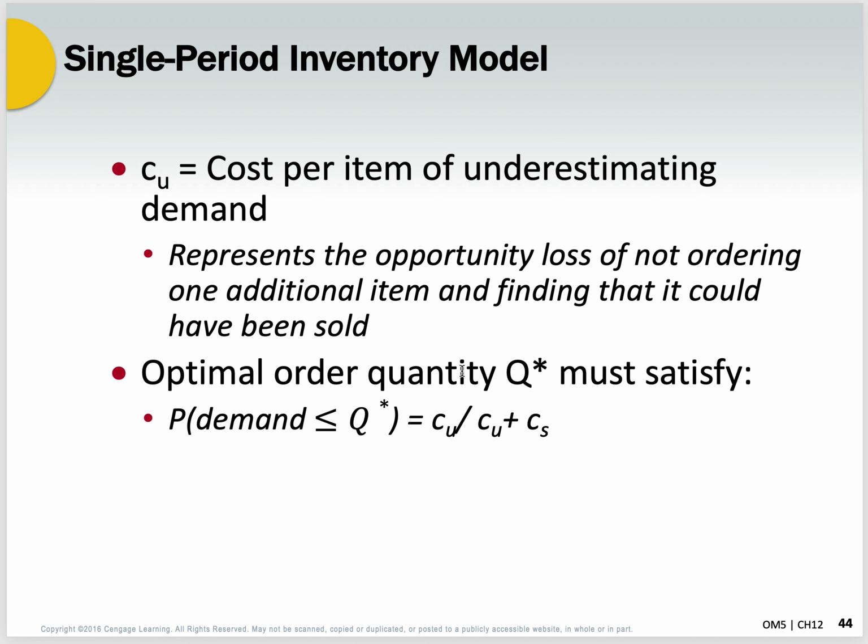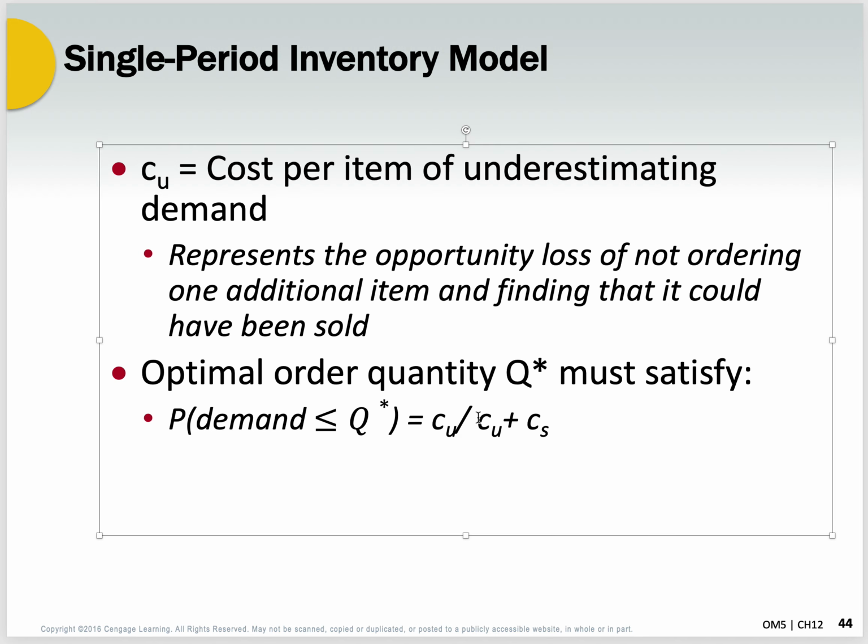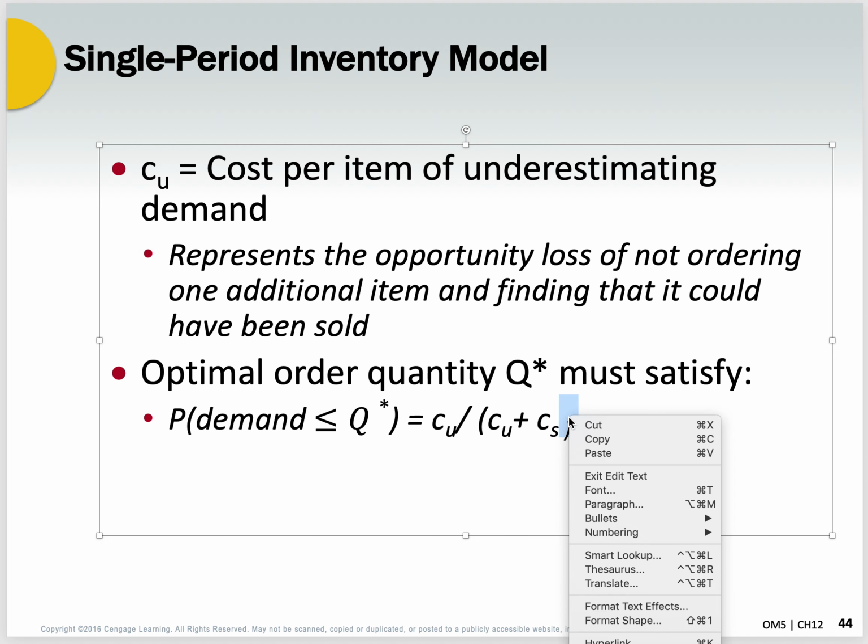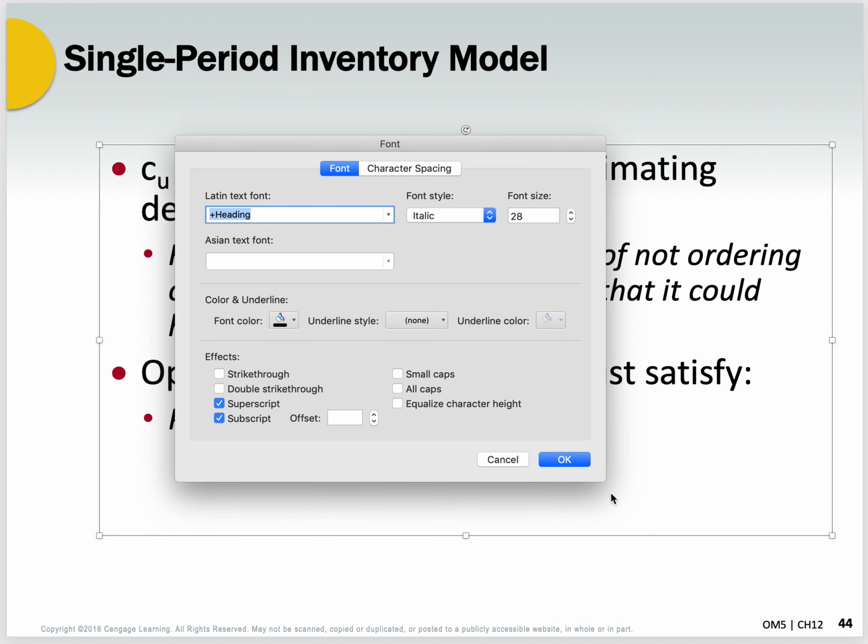So for the optimal order quantity, I want to find the probability that the demand is less than Q star, and that probability is going to be the cost of underestimating divided by, and there should be parentheses here. Let me fix that. It's no longer a subscript.